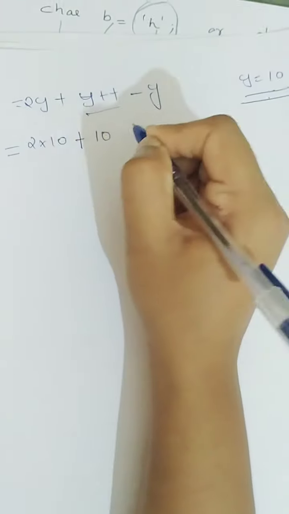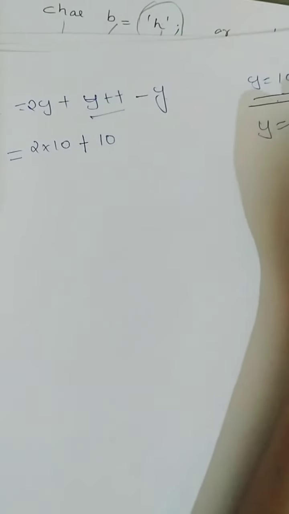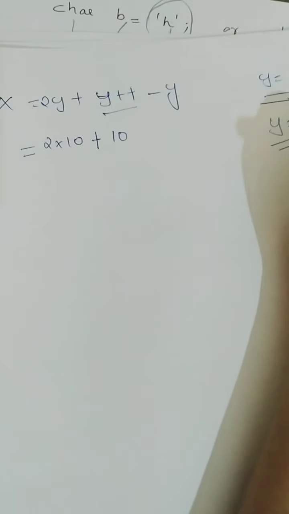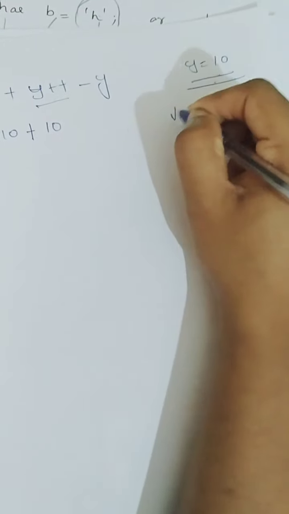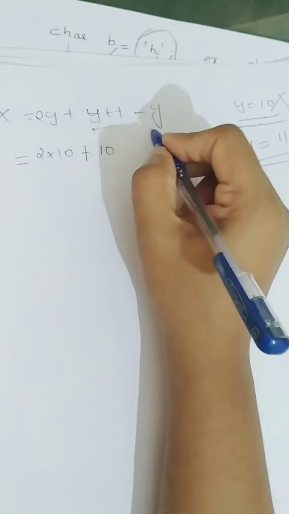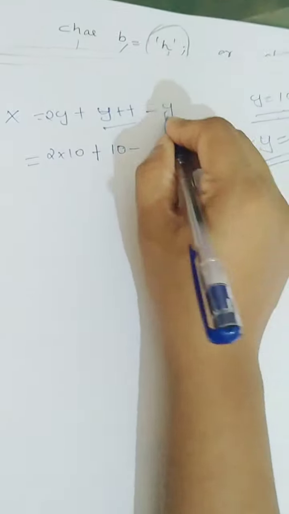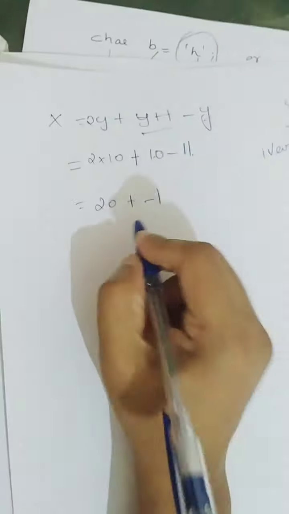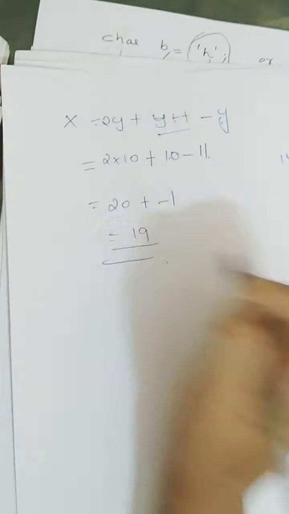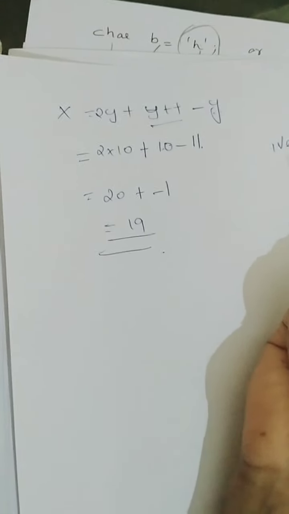So it will use 10 and it will change the value into 11. This is the new y value. So it will not use 10, it will use y is equal to 11. So 10 minus y is 11. So you have 20 plus 10 minus 1 minus 1, which is equal to 90. I hope it is clear.